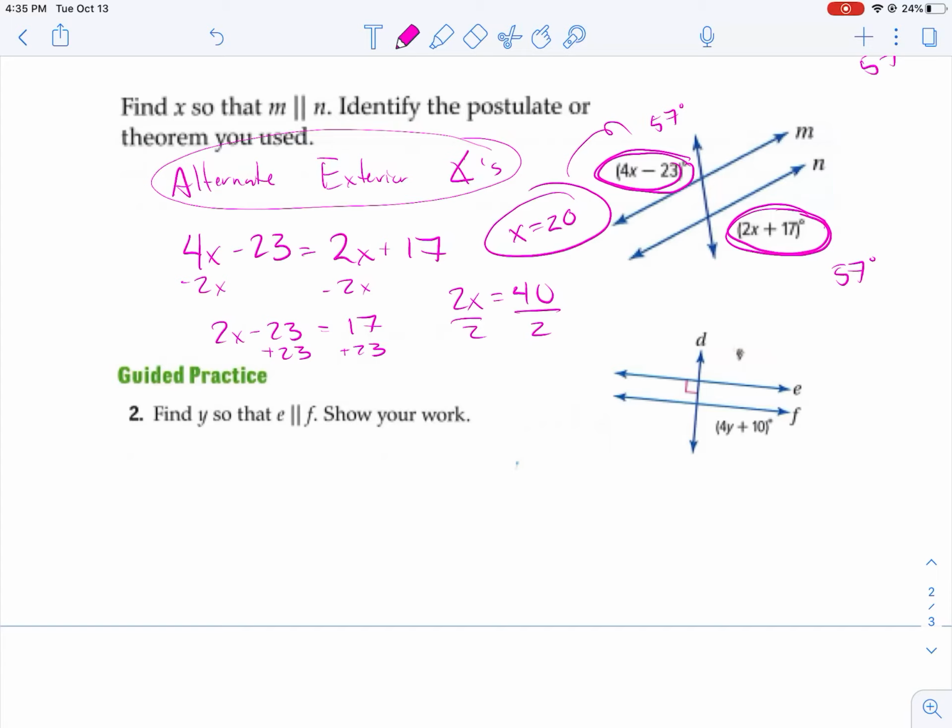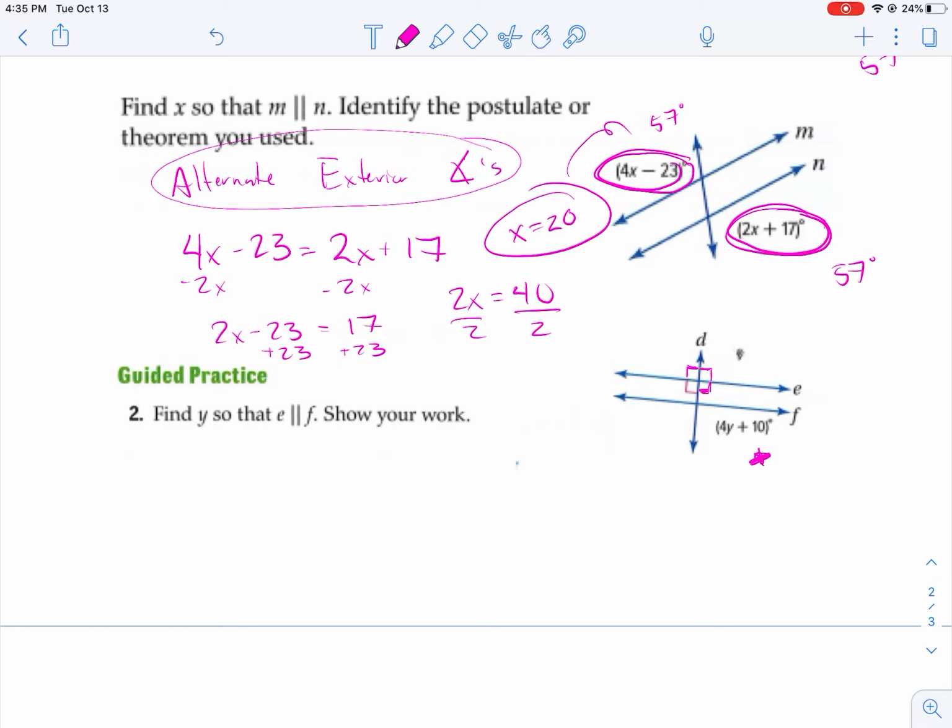Show your work. Well, it looks like E is perpendicular with this line. It creates a nice 90-degree angle, so that means this is also 90 degrees, this is 90 degrees, and this is 90 degrees. What I need to do is find something to set this equal to.